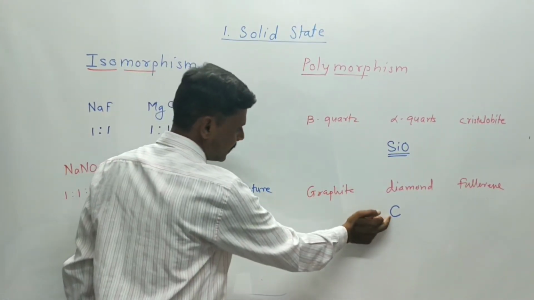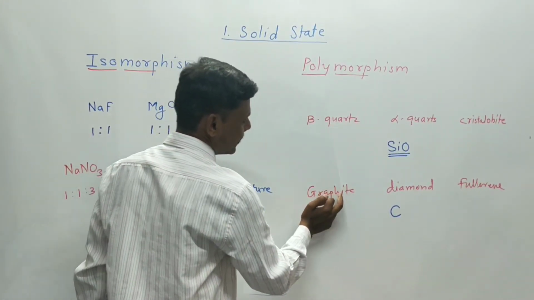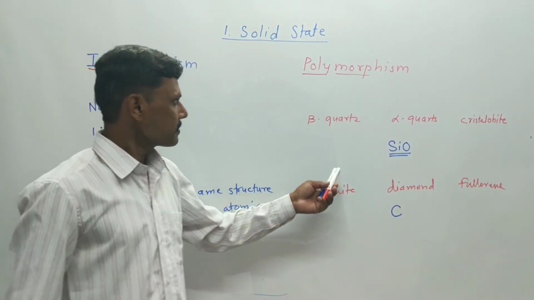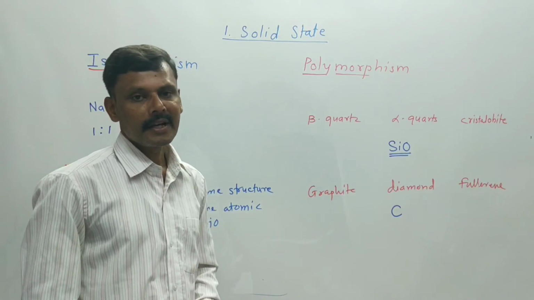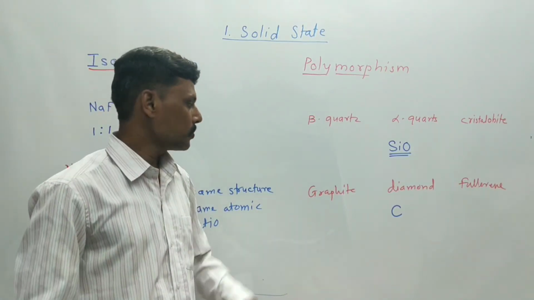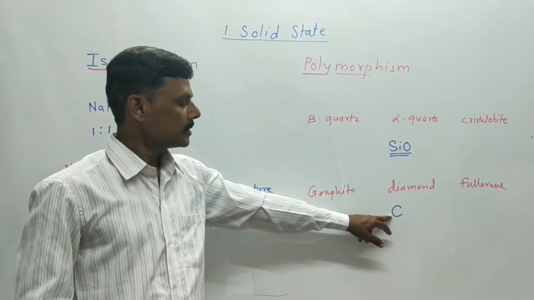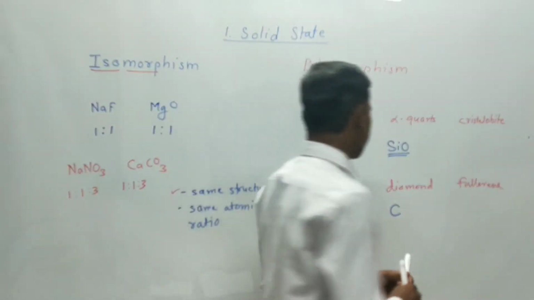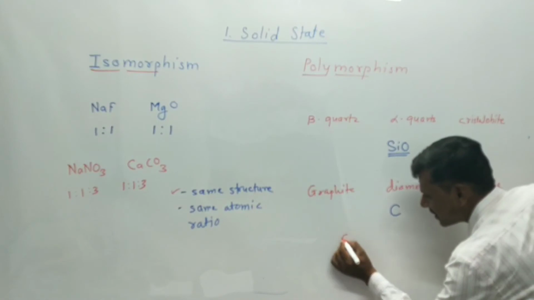Here, element is same, but it exists in different forms. This phenomenon, polymorphism phenomenon, is observed in case of different forms of element. It is also called as allotropes.